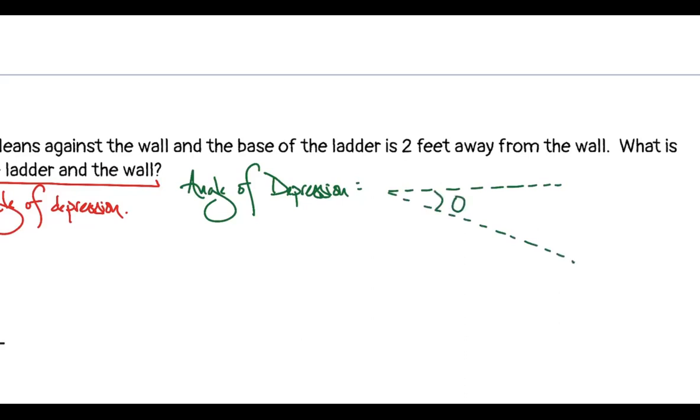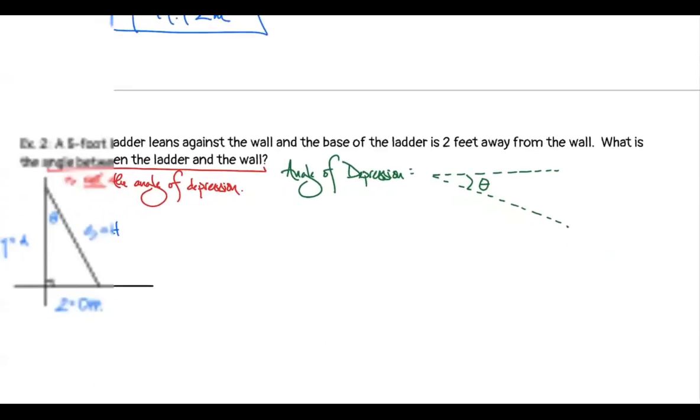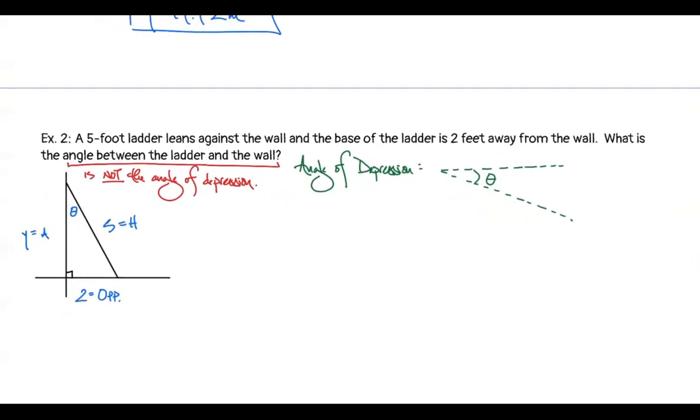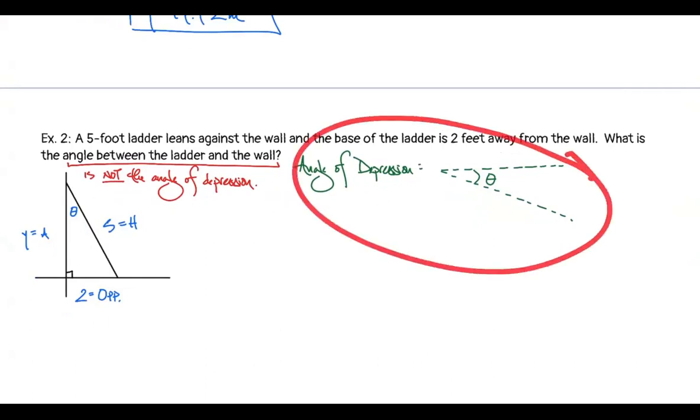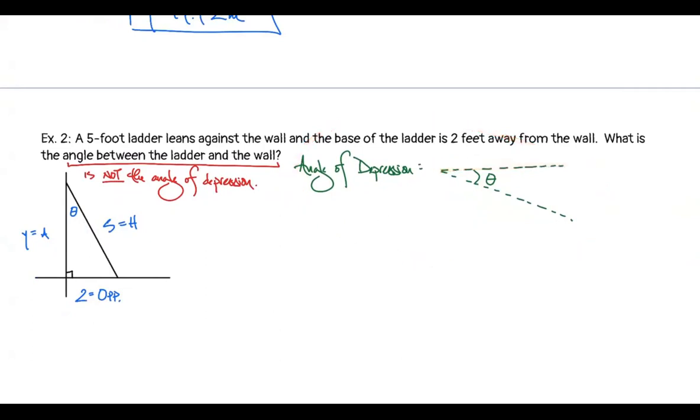This angle here is your angle of depression. Knowing how to draw that diagram would be really, really important. Wink, wink, if you know what I mean. An angle of depression has to be measured from the horizontal. It's not just some angle that's facing down. So make sure you know the difference between those two.